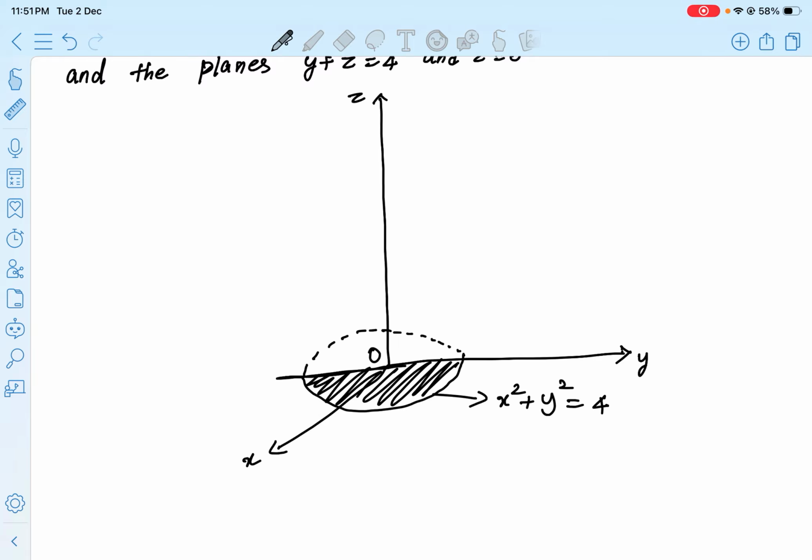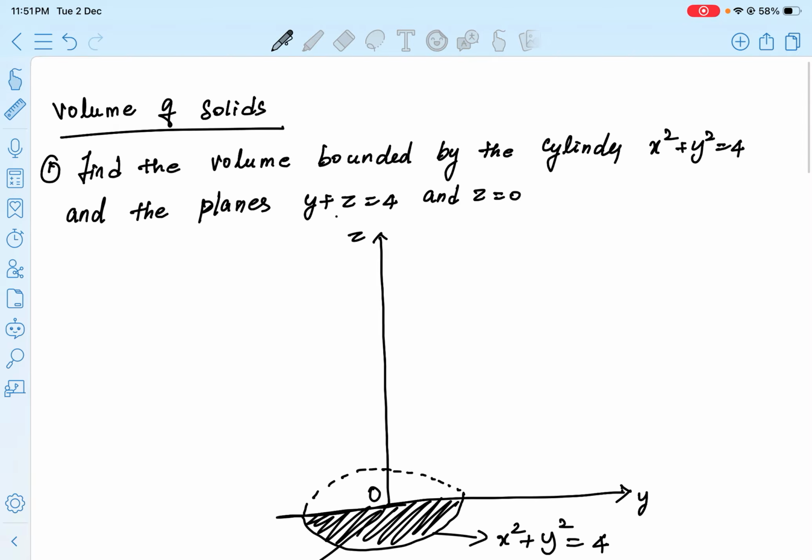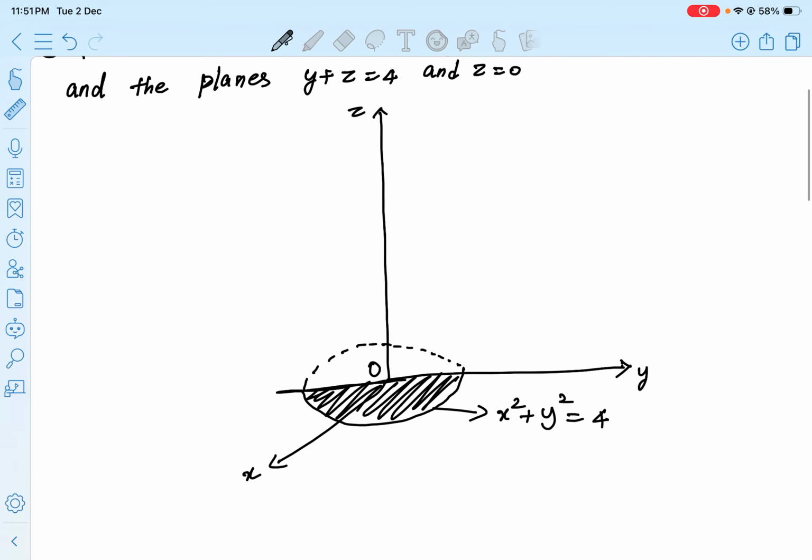And the next one is our z. So y and z, where are they connected? Our y plus z equal to 4. So in this plane, y and z have to be connected. So it should be like this, right? So where y and z are connected, this line is y plus z equal to 4. It is connected.